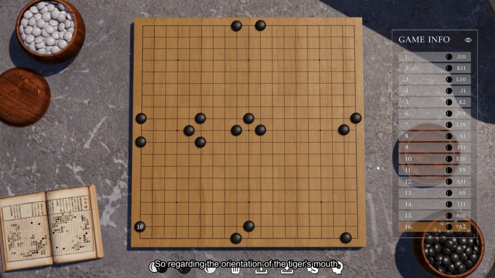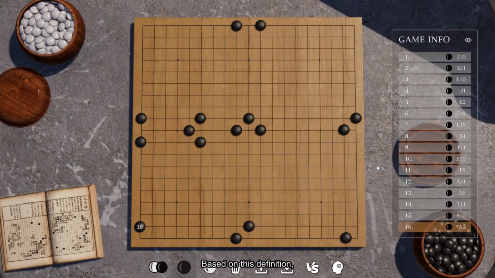So regarding the orientation of the tiger's mouth, we only need to follow the definition of the tiger's mouth: a dangerous intersection formed by a specific shape of stones. Once the opponent's stone is placed on that intersection, it has only one liberty and can be captured immediately.